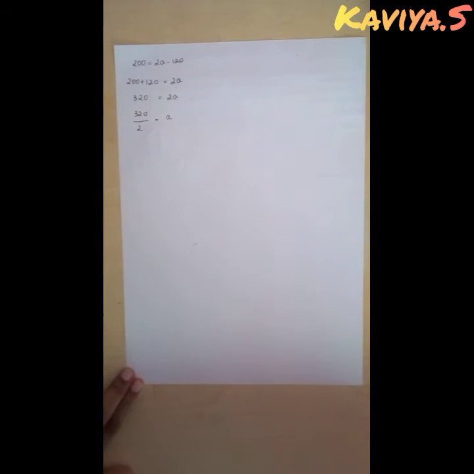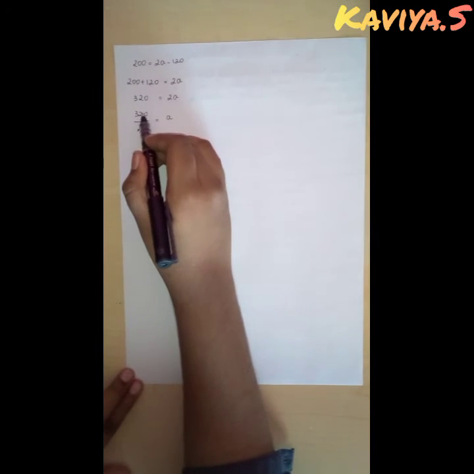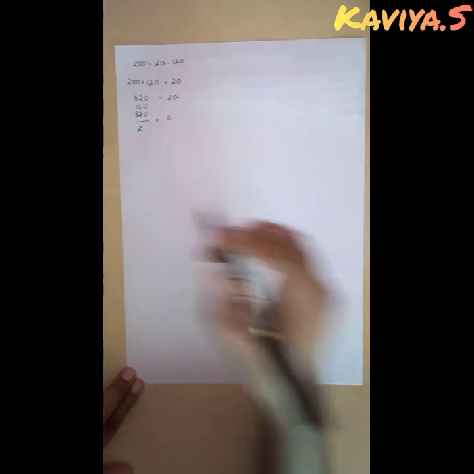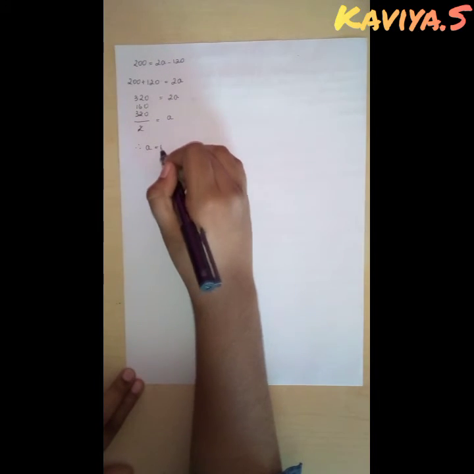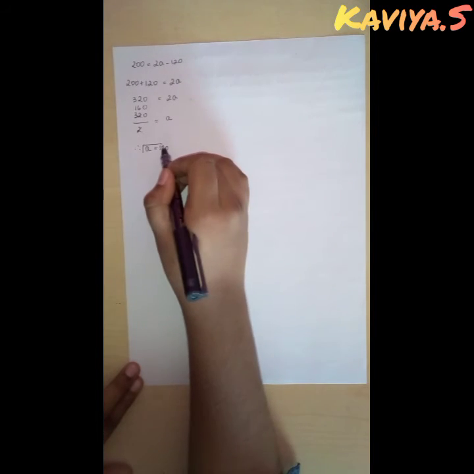So 320 by 2 is equal to a. So we are going to divide it. 2 times 160 is 320. Therefore, the value of a is 160.